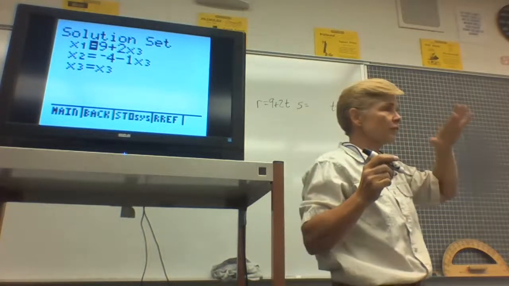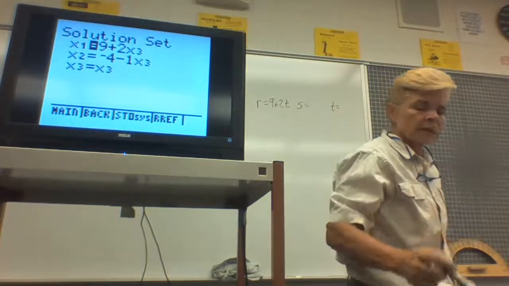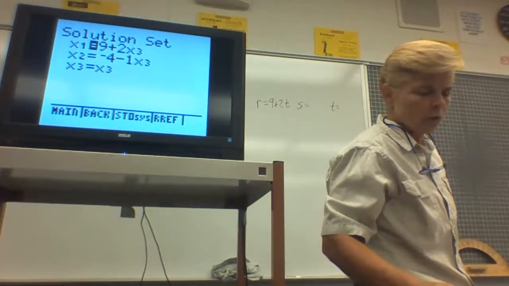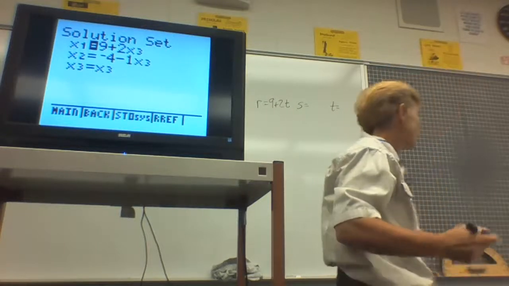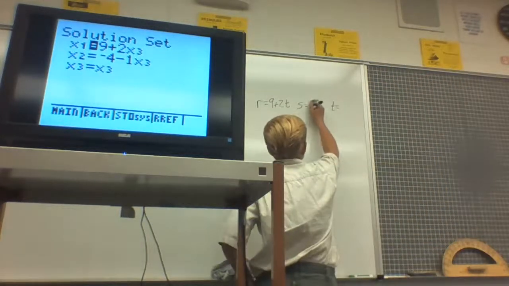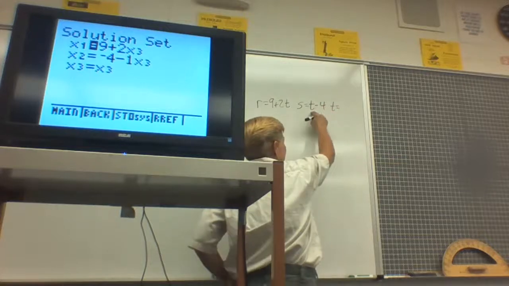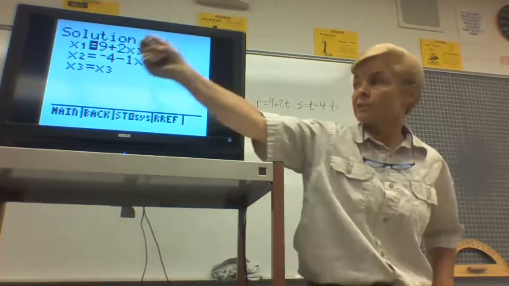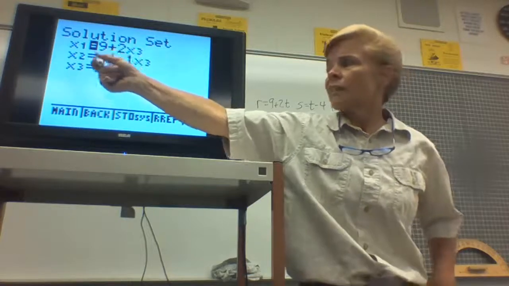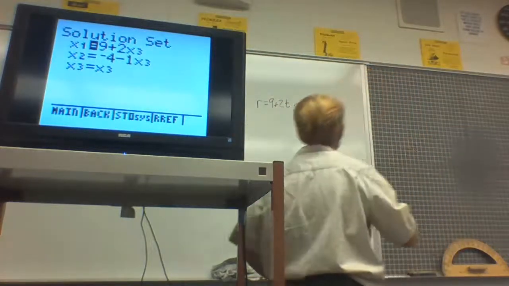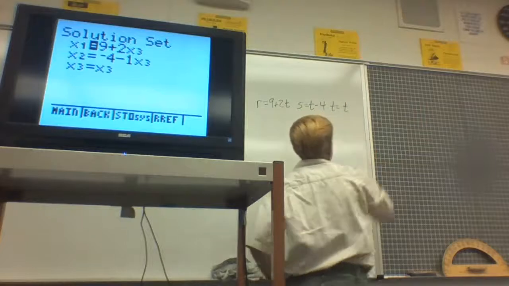So be true to the variables. The next one is negative 4 minus t. You can write it like that, or you can write it like this. I would prefer to see it like this. It's a negative 4 and a t. That's what that x3 does. And I don't need you to put the 1 there. And the last one says x3 equals x3, so you will write t equals t.